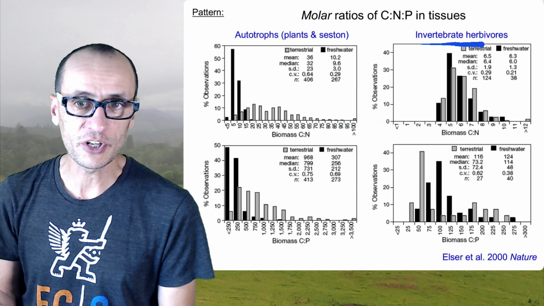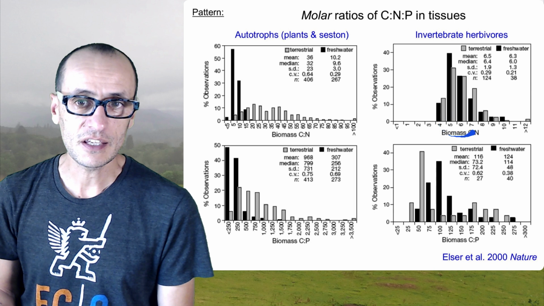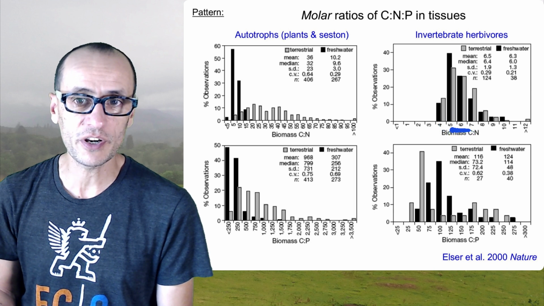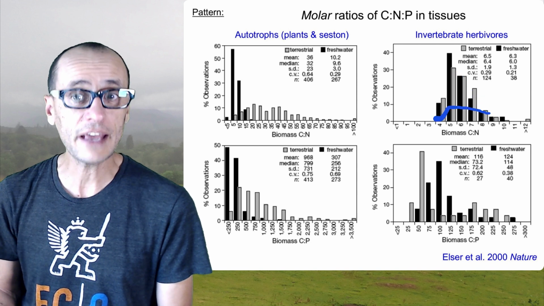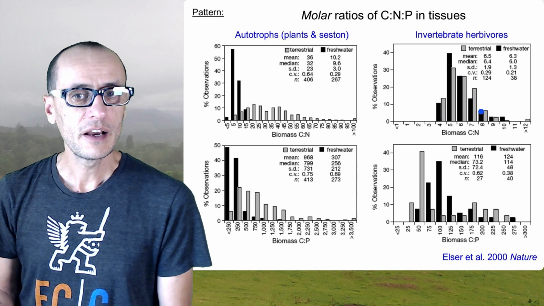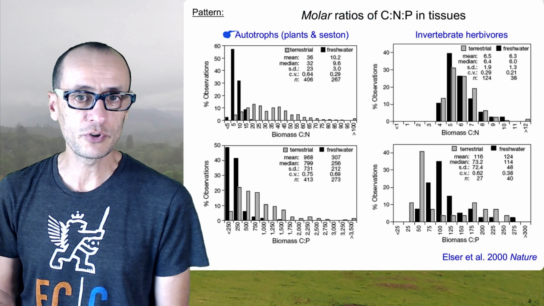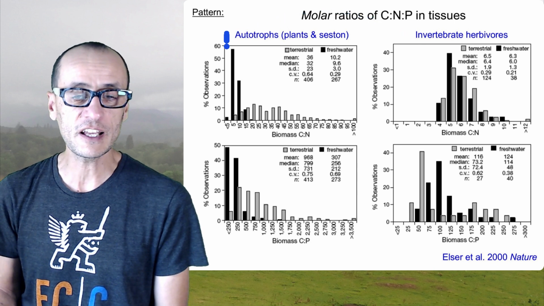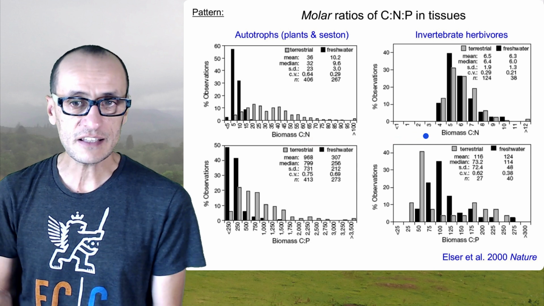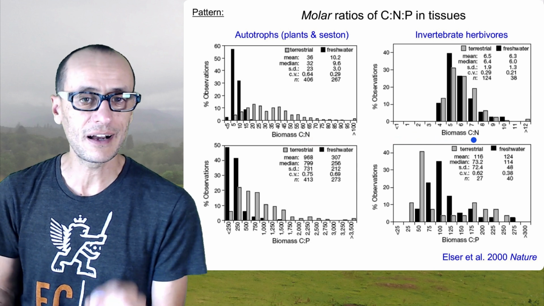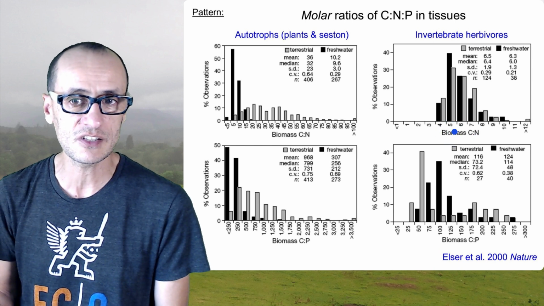If you look at invertebrate herbivores here in terrestrial systems, you'll find that the average ratio is somewhere here in the 5 to 6 range. And this is true for both terrestrial and aquatic herbivores. So when you compare the needs of invertebrates to their producers, the tissues that they're feeding on, the insect doesn't just need an amount of nitrogen, it needs the right balance of nitrogen and carbon in its tissues.